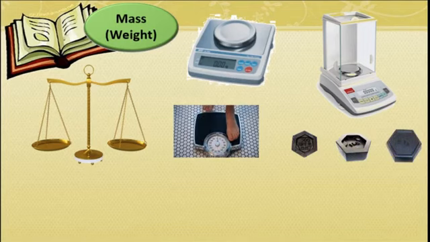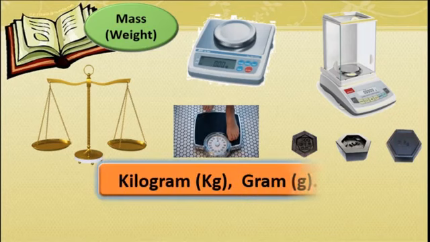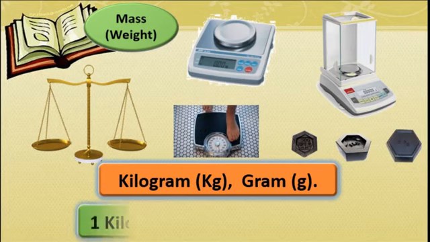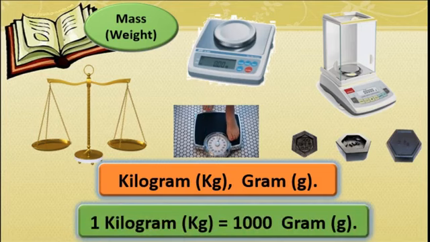This all we studied in detail in the last lecture. And the standard unit is kilogram or gram, right? Here 1 kilogram is equal to 1000 gram, and kilogram is written as kg in short form and gram as g.